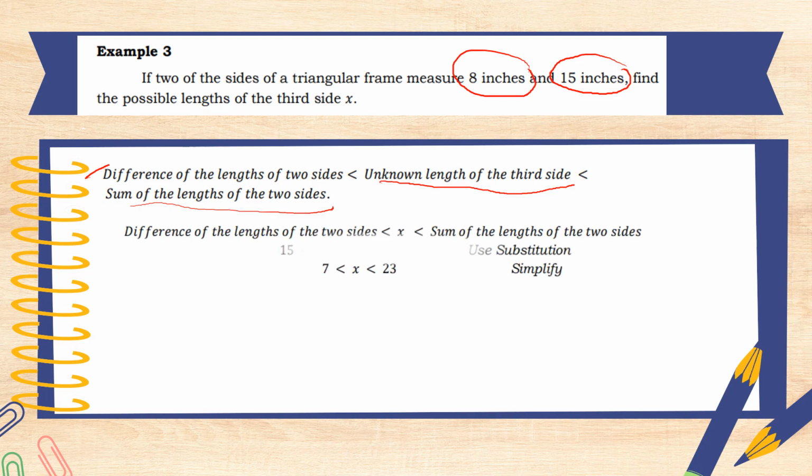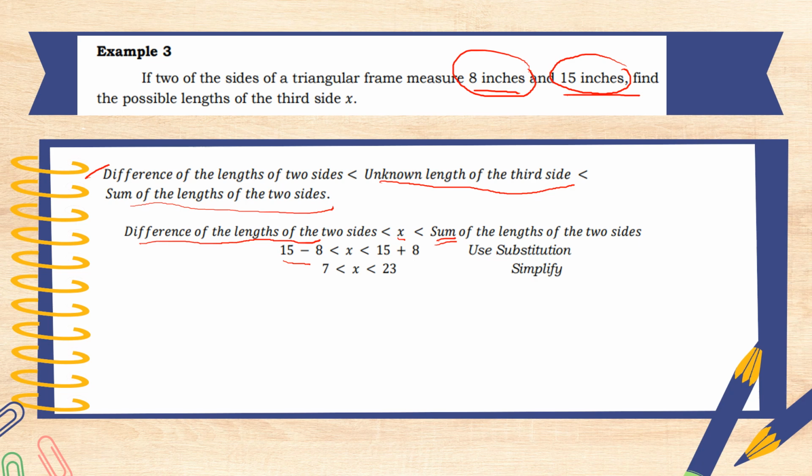Now, in the situation, the length of the third side is represented by the variable x. So we will have the difference of the lengths of the two sides, 15 minus 8, is less than x, the length of the third side, which is less than the sum of the lengths of the two sides, 15 plus 8.